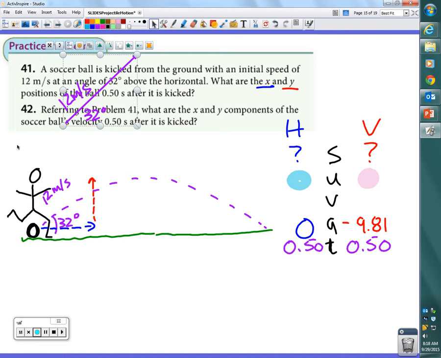All right. And like we said, that resultant velocity is a combination of a horizontal motion and a vertical motion, right?